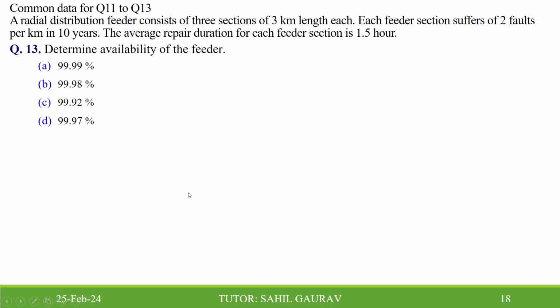Next problem, determine the availability of the feeder. So, availability of the feeder, how can you find it? We know that availability is the ratio of mean time to failure to the mean time between failure, and it is denoted as m bar.